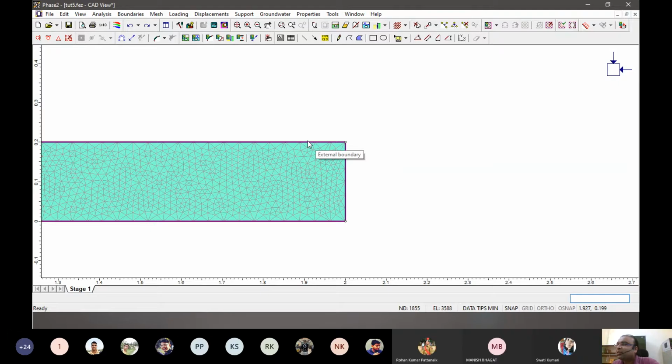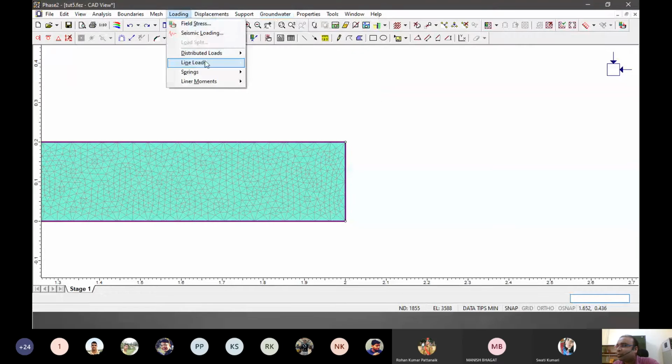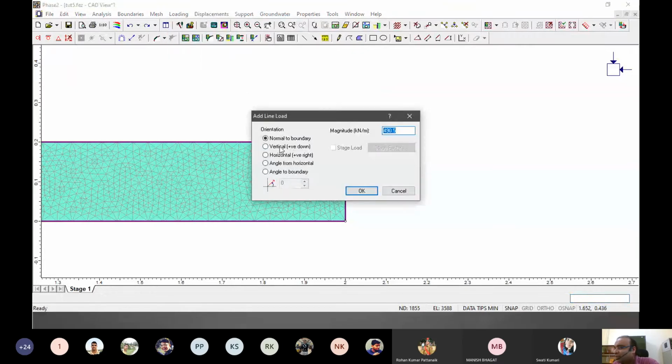So we can do this, you can do the same, but you have to be a little bit more careful. In place of normal to the boundary, what we can do is put it in a horizontal negative direction.